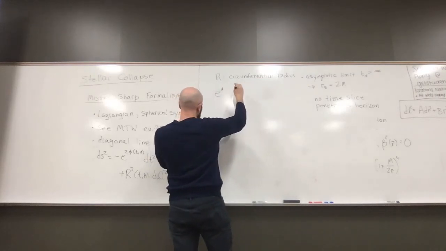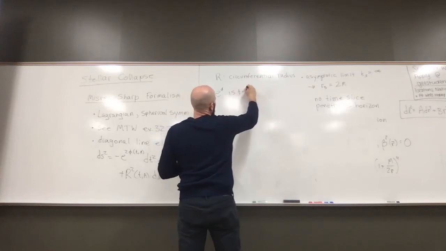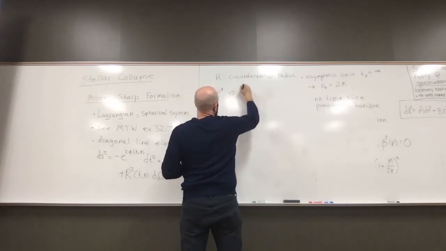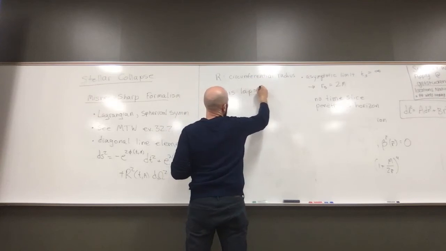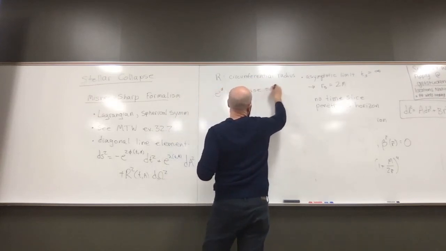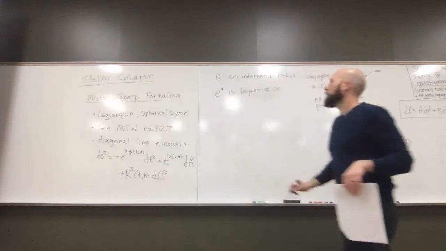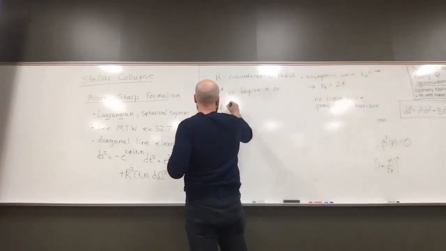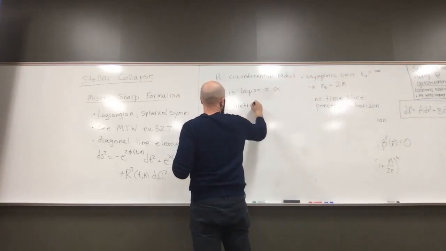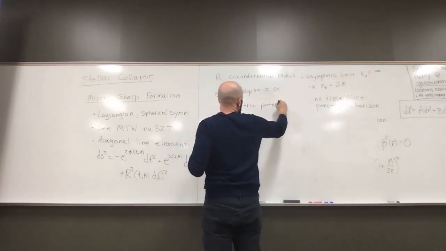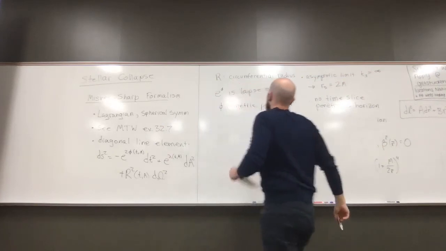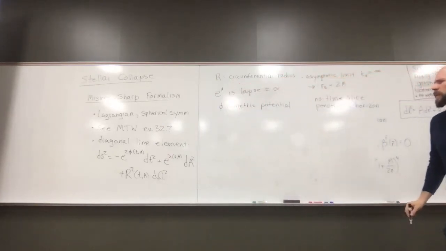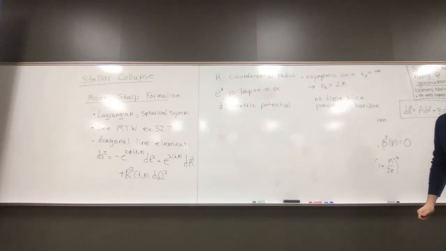E to the phi is the lapse, so it's literally just equal to alpha. And phi is the metric potential. And that choice is no accident. It is indeed related to the gravitational potential as you might express it in a Newtonian formalism.